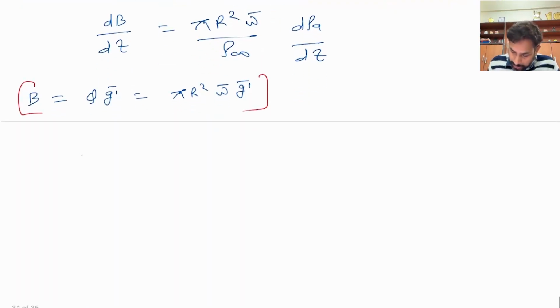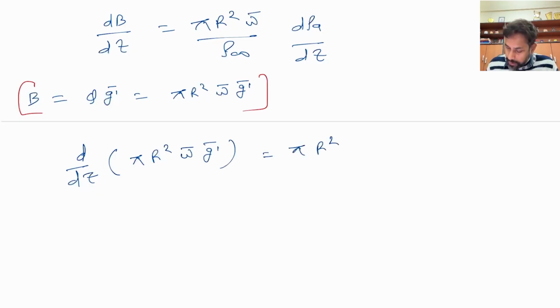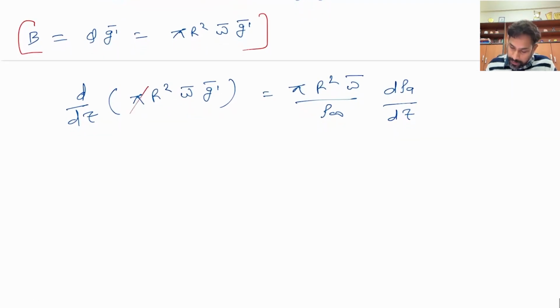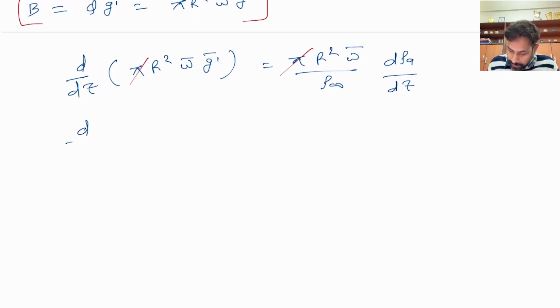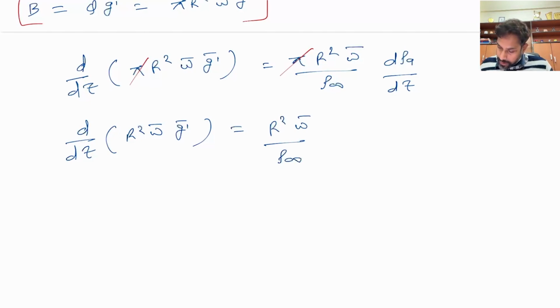And that is why if we replace B with this term, that becomes pi r square w bar by rho infinity d rho a by dz, and here we cancel pi, so that becomes d by dz of r square w bar g prime bar, and that becomes r square w bar over rho infinity, d rho a by dz.